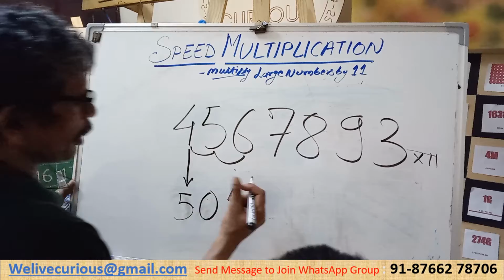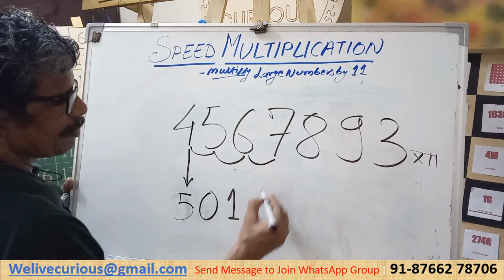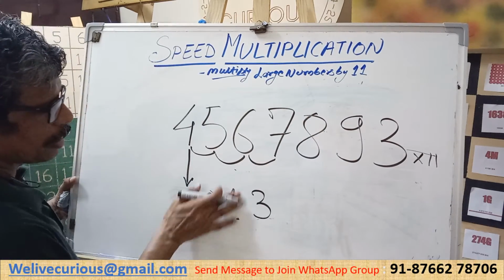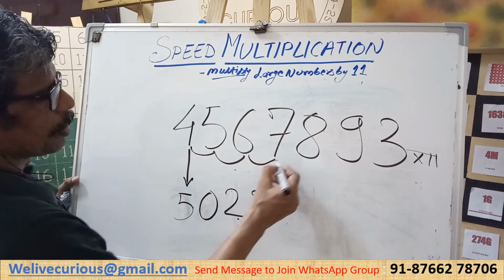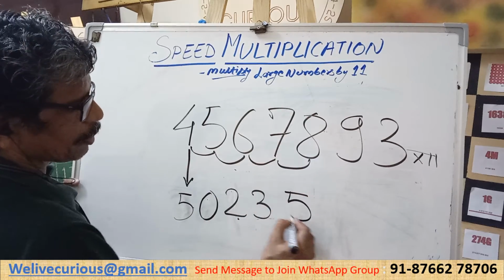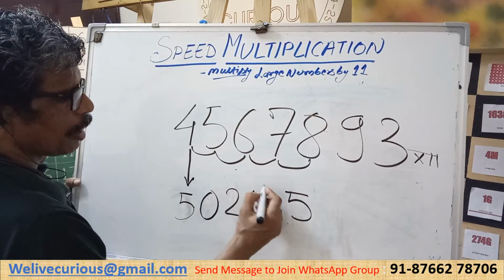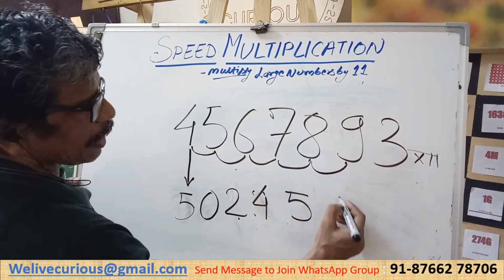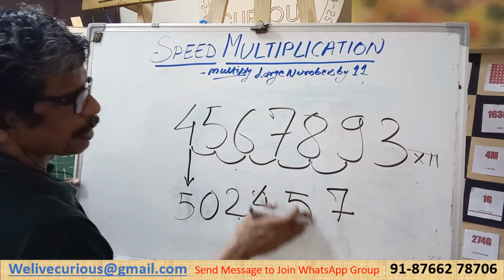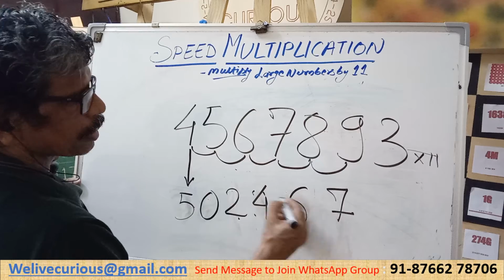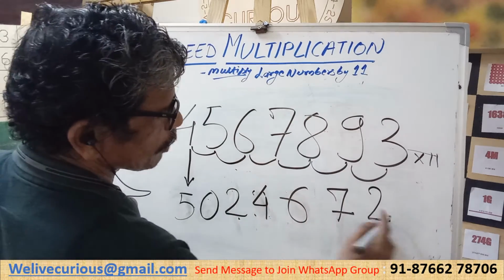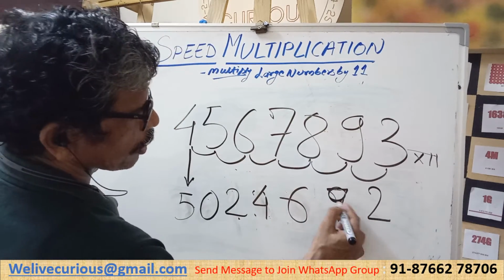You see, you have such a great understanding of numbers. 6 and 7, 13. So it becomes 3 and this becomes 2. 7 and 8, 15. So this becomes 5 and this becomes 4. 8 and 9, 17. So this becomes 7 and this becomes 6. 9 and 3, 12. So this becomes 7 and this becomes 8. And then 3.